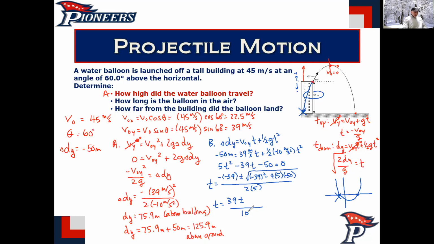It's 2521, square root is 50.2. Now again, I see 39 minus 50.2. That's a negative number, so I don't even need to calculate that answer. I'm just going to do 50.2 plus 39 and divide that by 10 to get 8.9 seconds. And so that's what that would be, 8.9 right there.